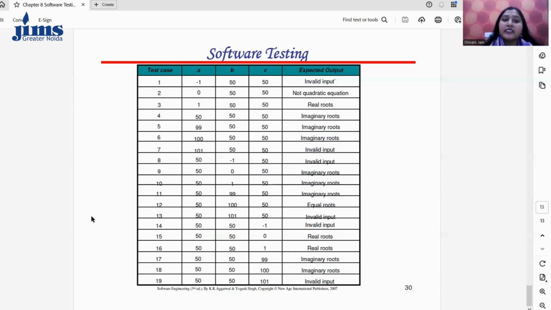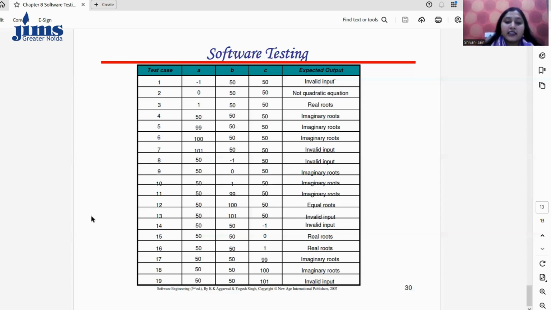So how should we read this answer? In the first case, if we give the value of A as -1, B 50, and C 50, the program that we have built should give the answer invalid input. If it is not giving that, it means there is some fault in our program.